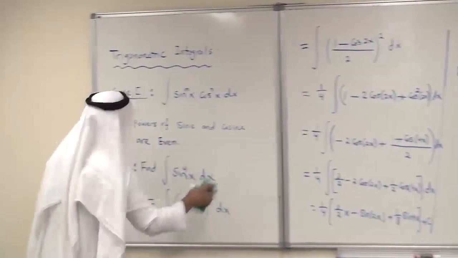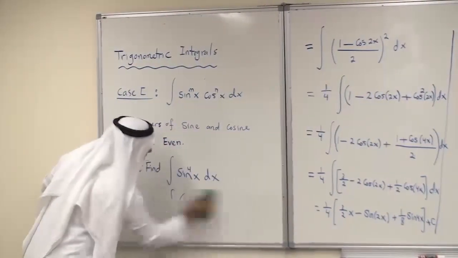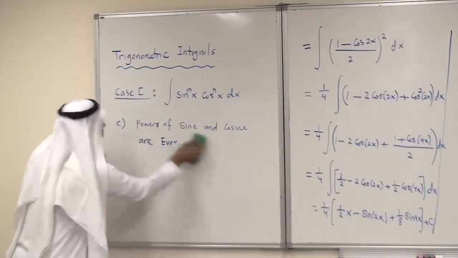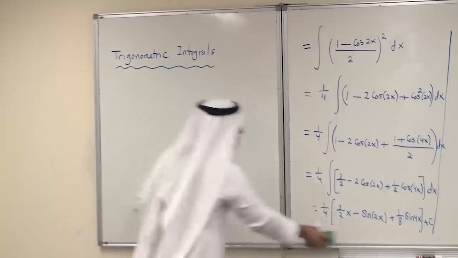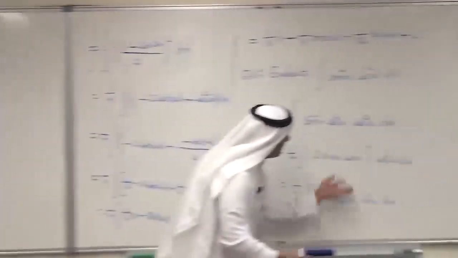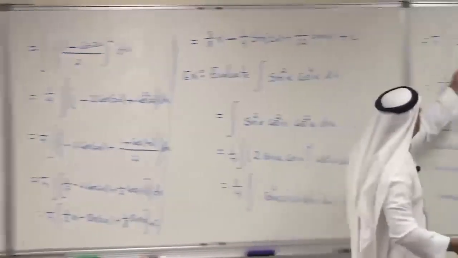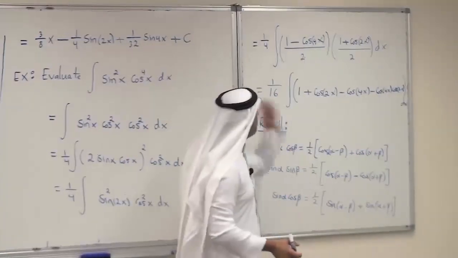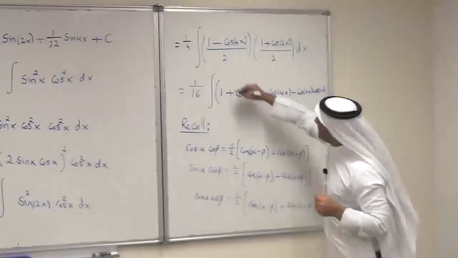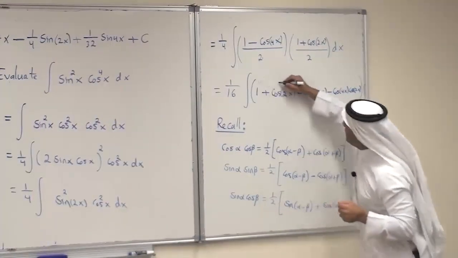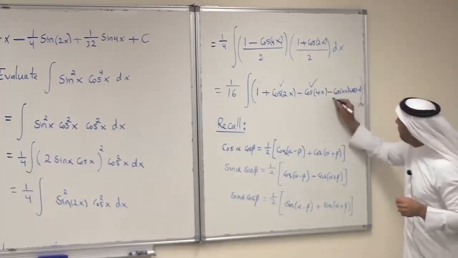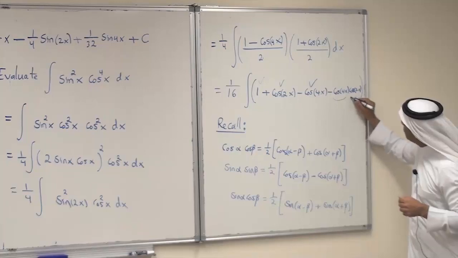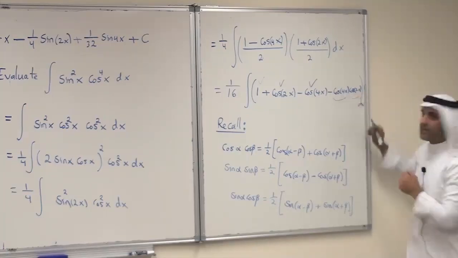Now let us go back and continue our solution of the previous example. What we faced at the end of this example, when we substituted the half angle identities, is that we end up with 4 terms. We said this is easy to integrate, this is easy to integrate, this is easy to integrate, but looking here we have cosine 4x, cosine 2x, 2 different angles.